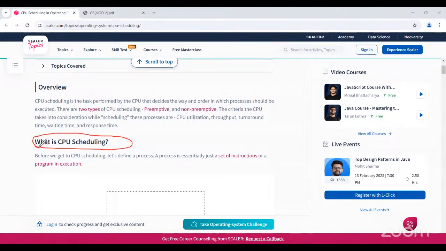Before this, we discussed the process scheduling. What are the stages of the process we have discussed, and the levels of the process scheduling. That is the types of the process scheduling we have discussed. Those are the three points we have discussed with respect to the process scheduling. Now it is CPU scheduling.